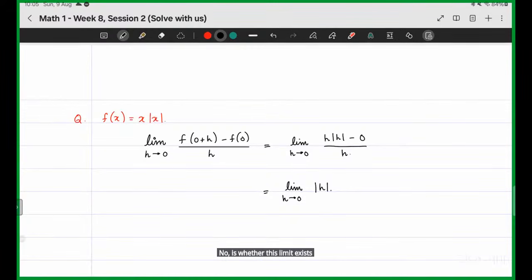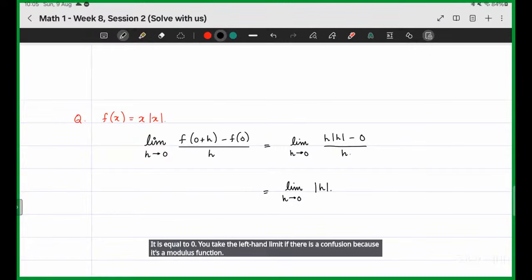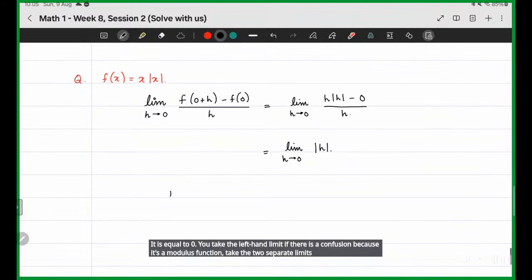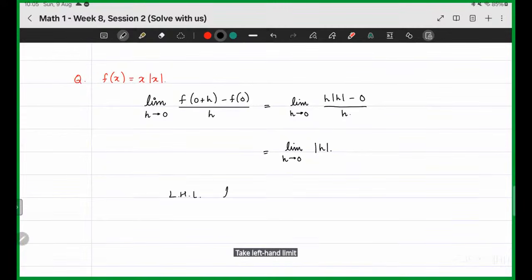Does this limit exist? Is it equal to 0? Yes, it is equal to 0. If there is a confusion because it's a modulus function, take the two separate limits. Take the left hand limit.